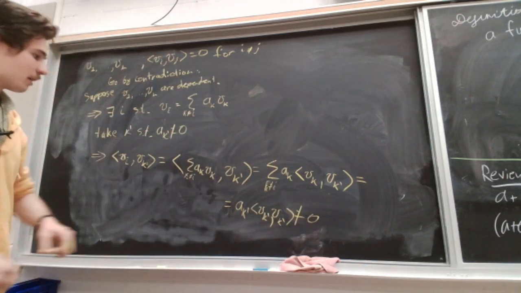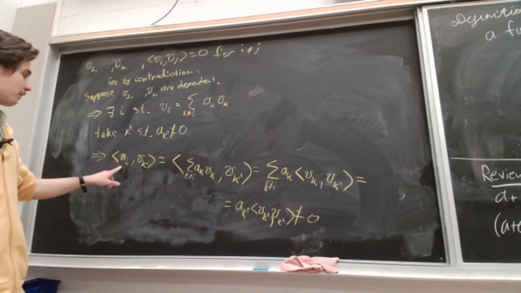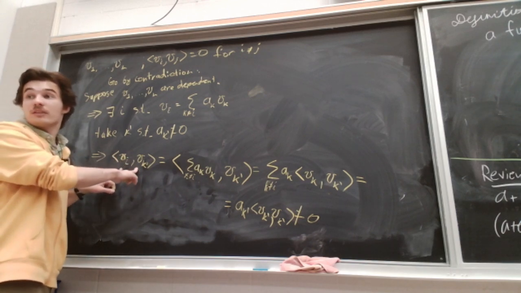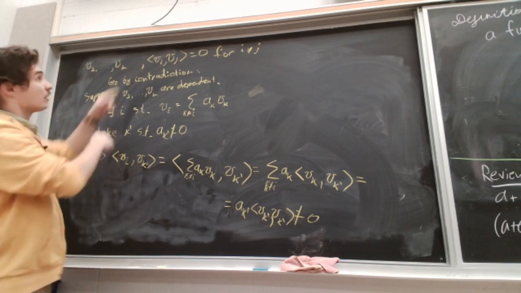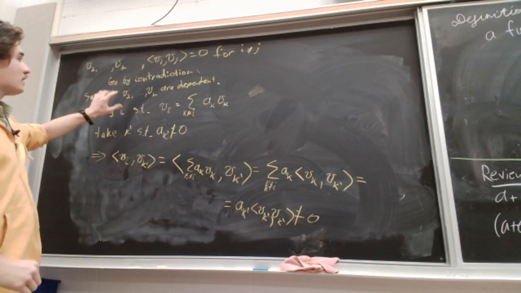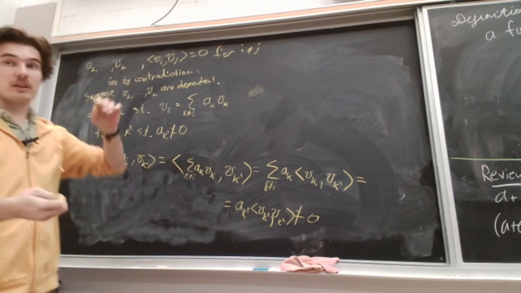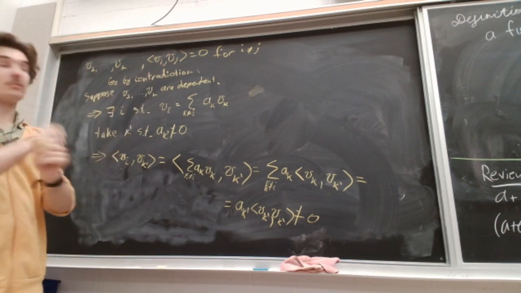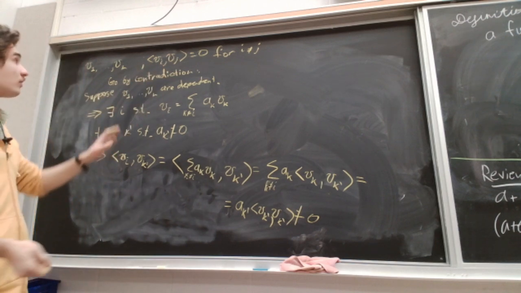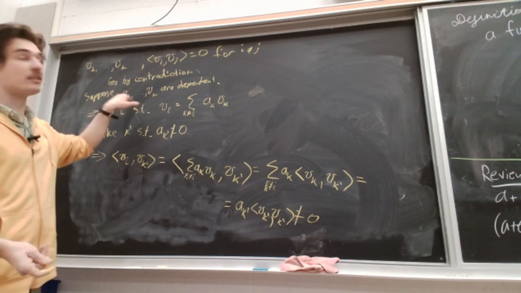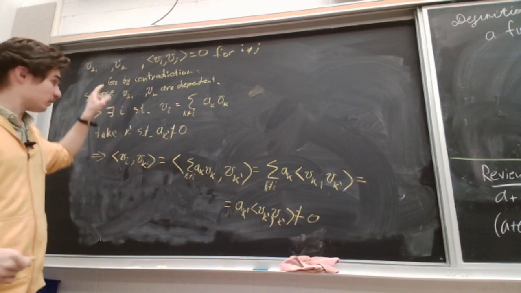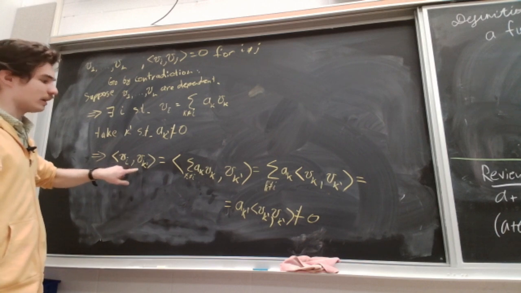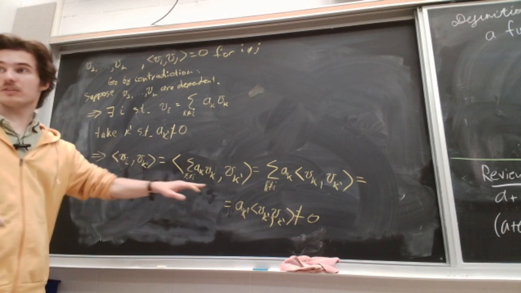Do you agree? But what was this whole thing we were computing? We're computing the inner product between v_i and another v_k prime, and by assumption it was 0. So we showed that, suppose all the inner products are pairwise 0, and suppose the vectors were in fact linearly dependent. Assuming linear dependence gives a contradiction to the inner product between any two vectors being 0.